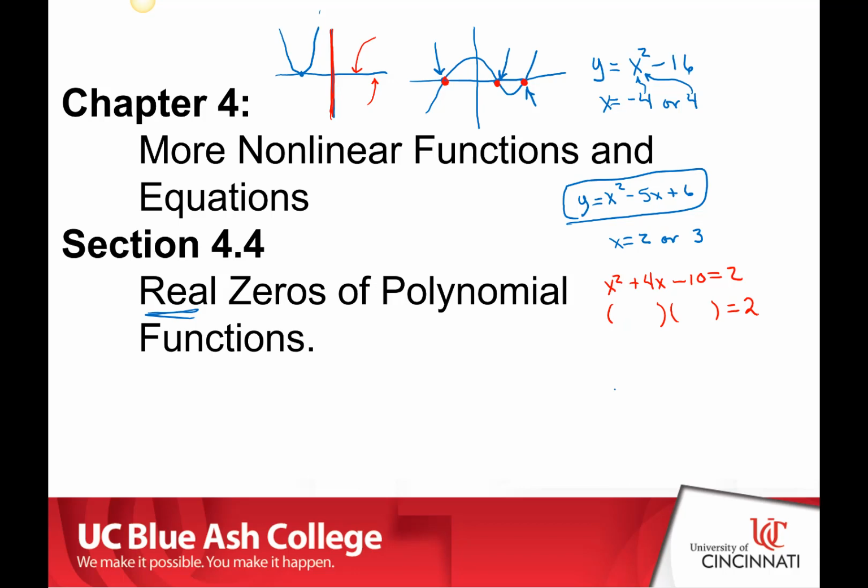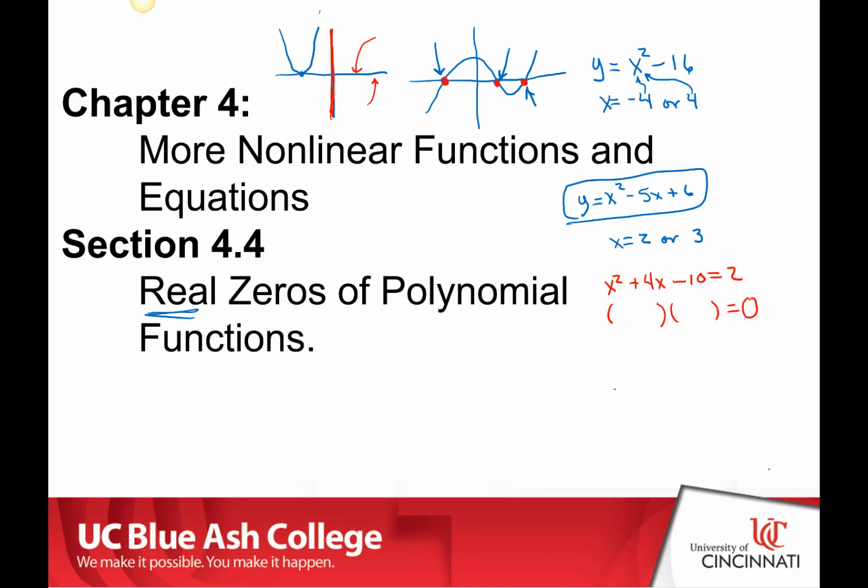What we ultimately want to do is set it up so that it equals 0, because if it equals 0, we know that one of those numbers has to be 0. The only way you get 0 is if one of the two things being multiplied together is 0.